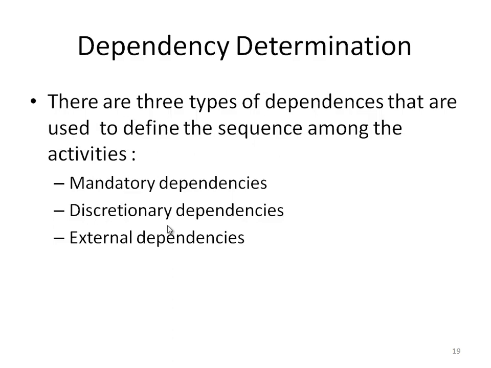There are 3 types of dependencies that are used to define the sequence among the activities: mandatory dependencies, which means it is mandatory for one activity to finish to be able to start the other related activity, like we said with the construction example, where the drywall cannot be installed before finishing the framing.